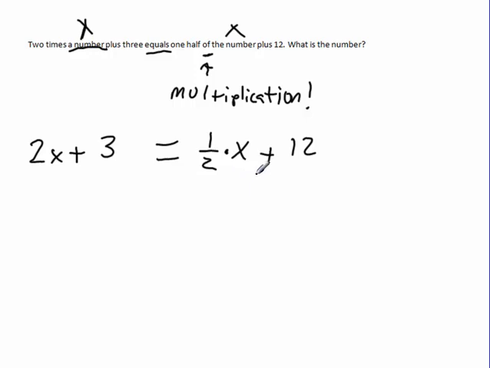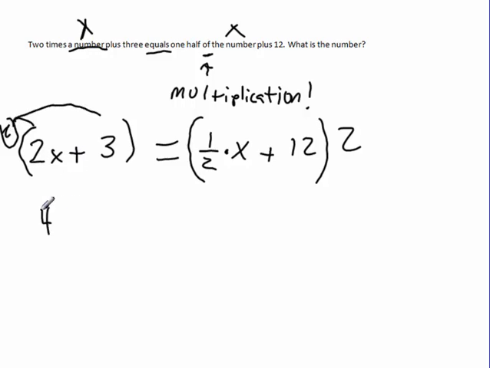All right. So again, we want to get all of the variables on one side and the numbers on the other. So I can clear this fraction because I have variables on both sides. I'm going to multiply everybody by 2. And I'm going to take that 2 and distribute it to this 2 and this 3.